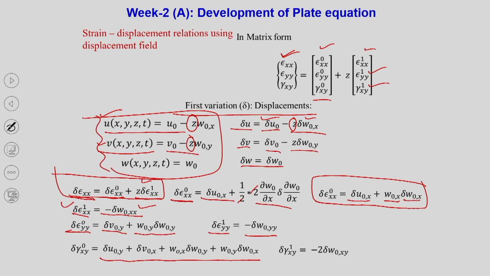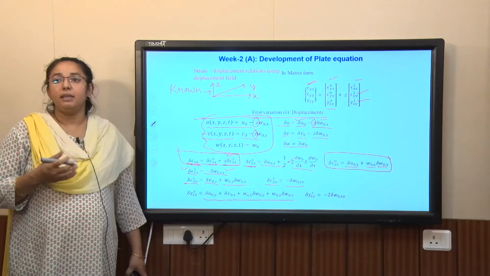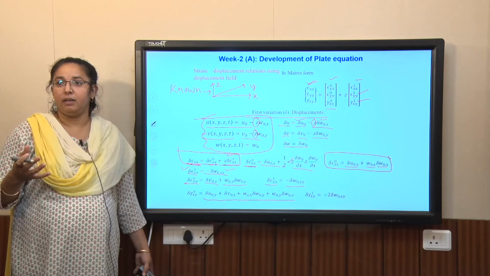Or sometimes it may be x. Known quantities like your reference coordinate system x, y, z, the coordinates at a particular point, what will be my z coordinate, what is my x coordinate, there is no ambiguity.